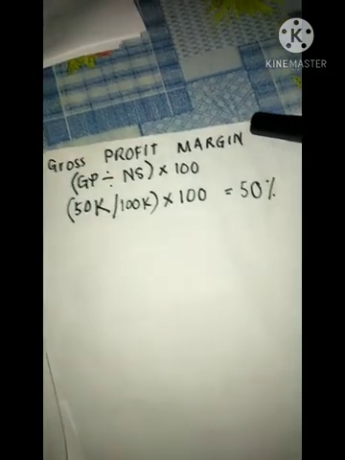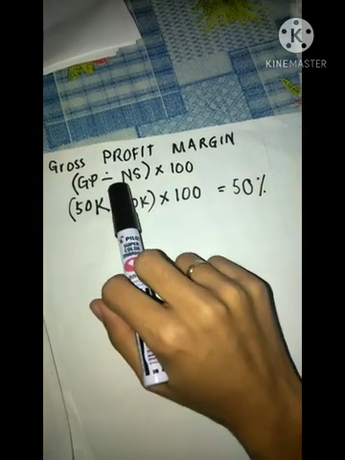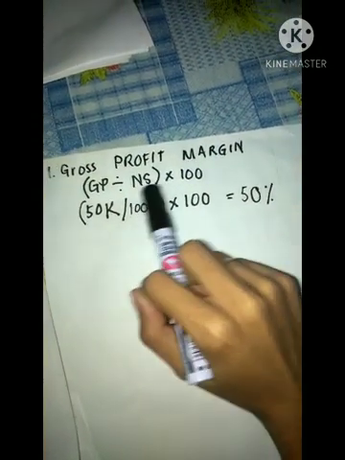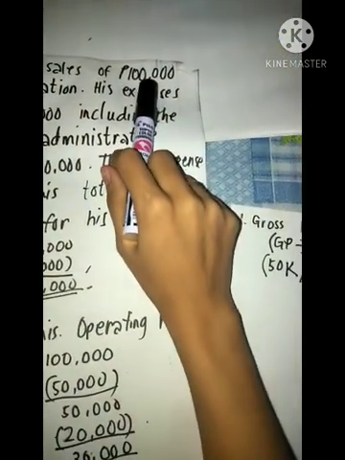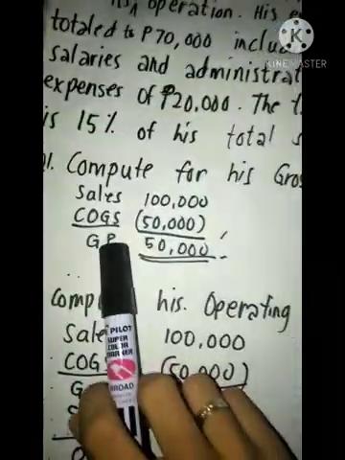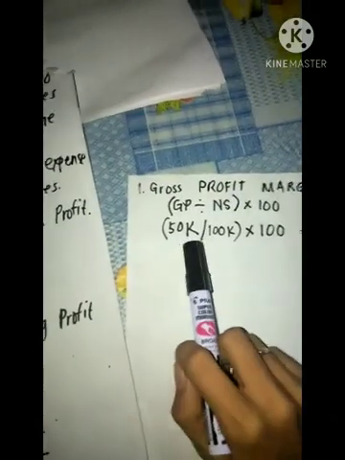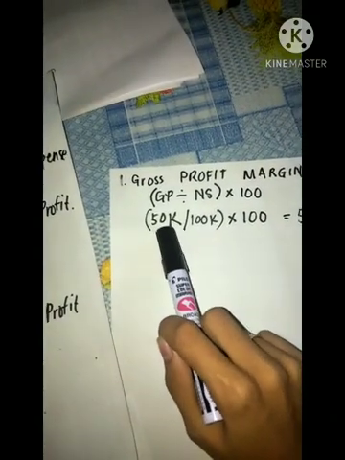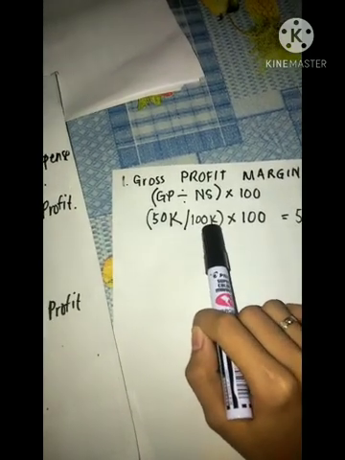So the formula for gross profit margin is gross profit divided by net sales. Multiply the answer to 100. Assuming the 100,000 is his net sales, okay? So, as computed a while ago, gross profit is 50,000 pesos. So, gross profit is 50,000 pesos divided by net sales of 100,000.